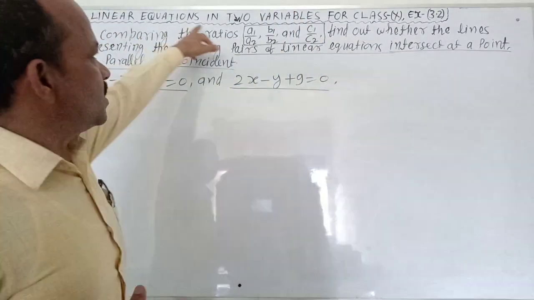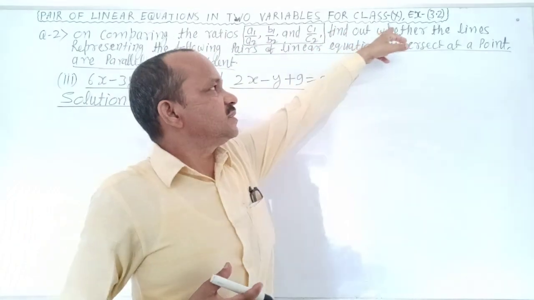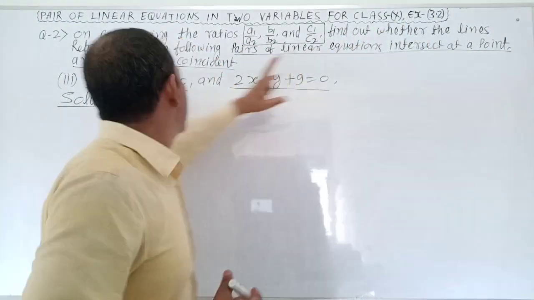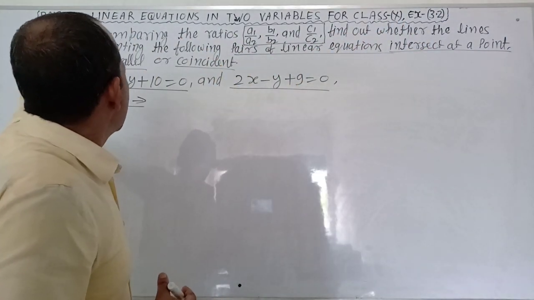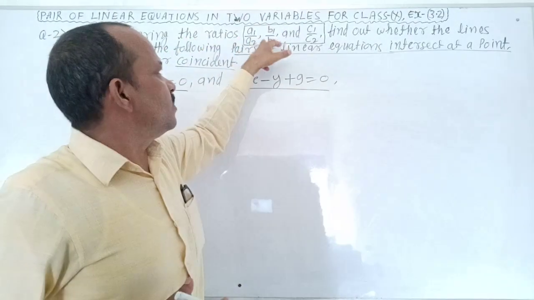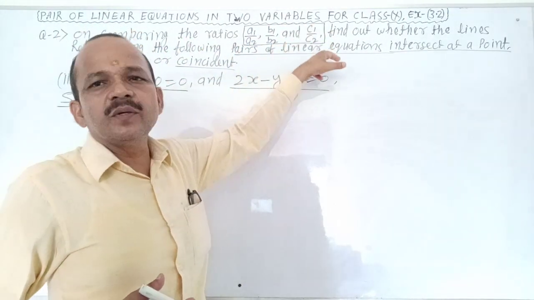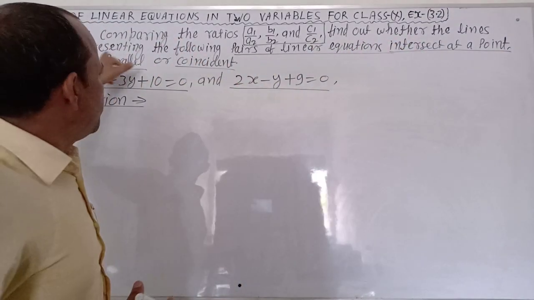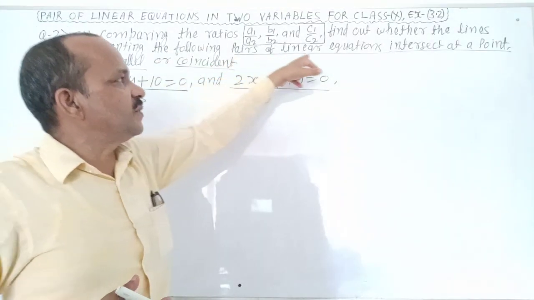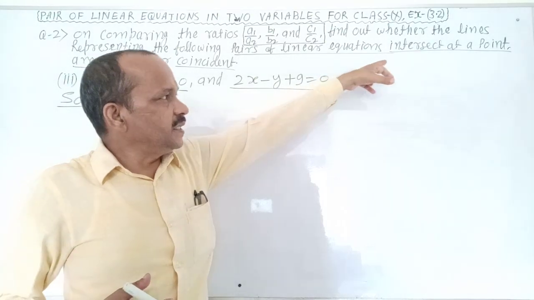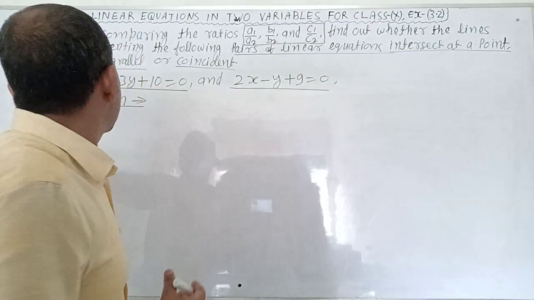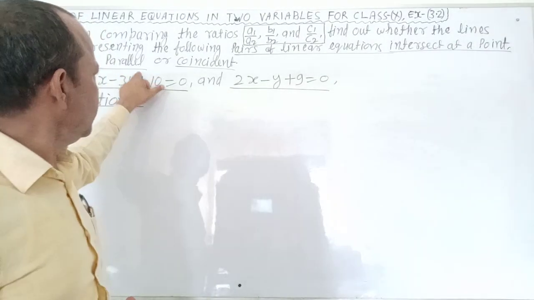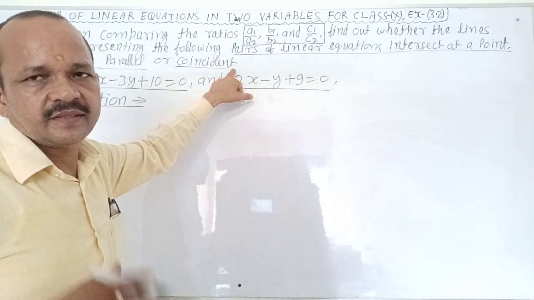Pair of linear equations in two variables for class 10, exercise 3.2. Question number 2. On comparing the ratios a1 by a2, b1 by b2 and c1 by c2, find out whether the lines representing the following pairs of linear equations intersect at a point, are parallel or coincident. It is clear.